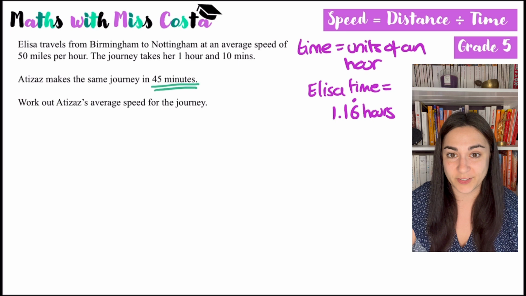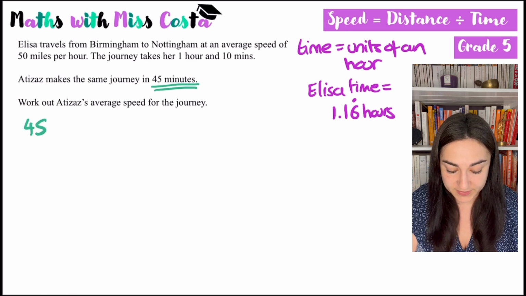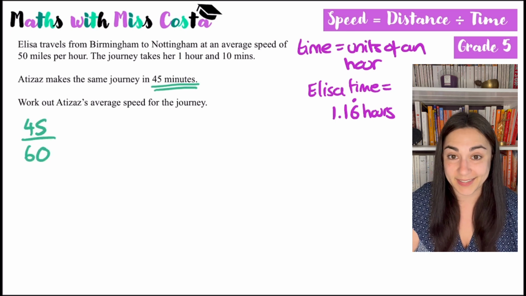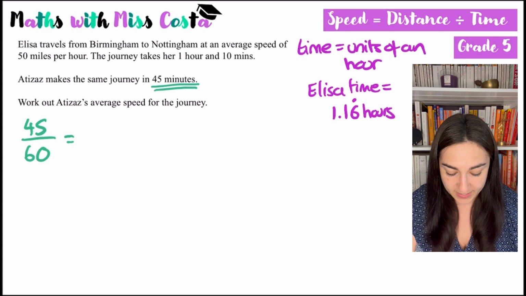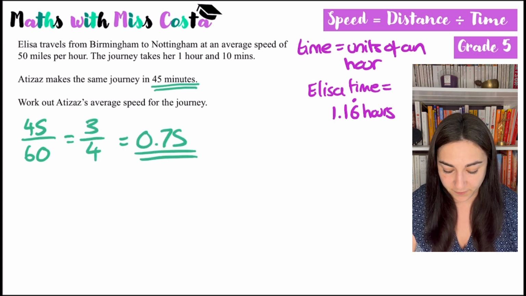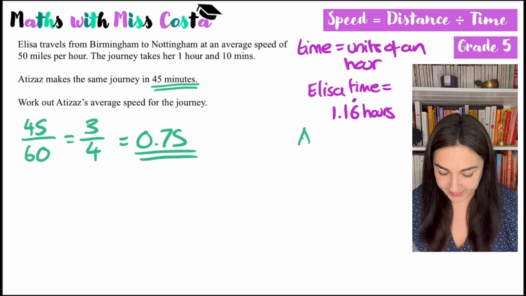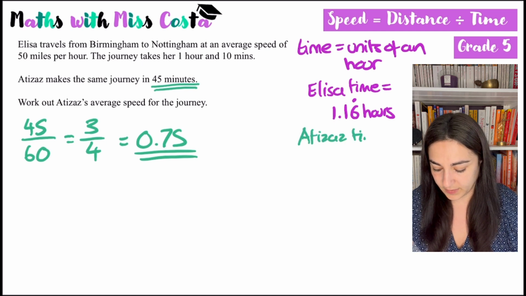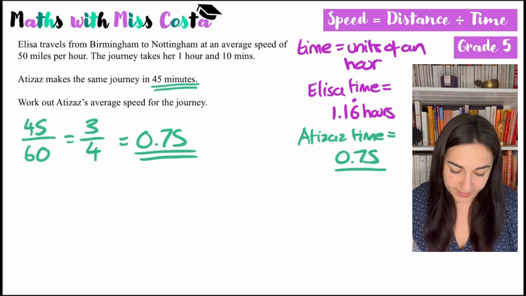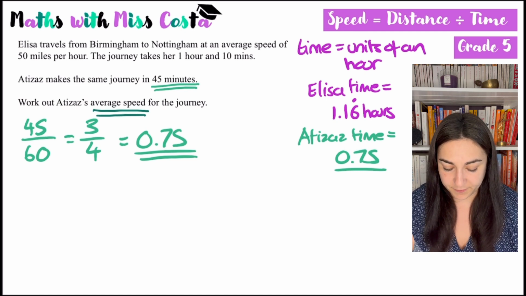So once again, I need to write that as a fraction of an hour. To turn minutes into hours, you just write it over 60 because there's 60 minutes in an hour. That would eventually simplify to 3/4, which is 0.75. So Atazaz's time is 0.75. Work out Atazaz's average speed for the journey.